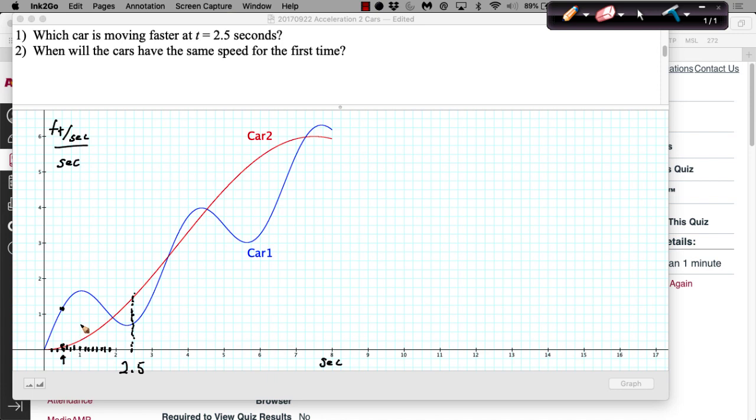Yeah, exactly, this is acceleration, so it's the rate of change of speed. So you think about car 1 at this rate over that amount of time versus car 2 at this rate down here over that amount of time. I should have made bigger intervals.